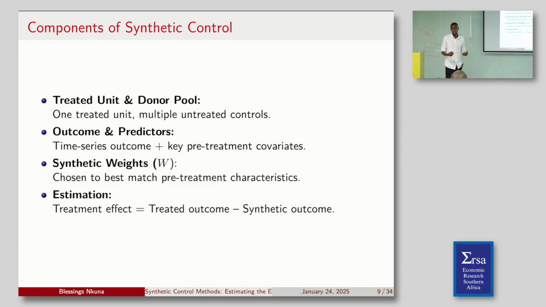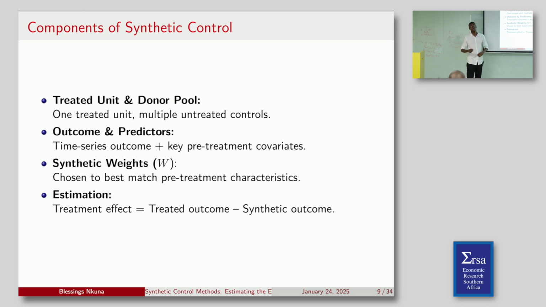So yeah, there's key things that matter for us that we need, almost like ingredients. We need to get this done. We need a treated unit, a country that got the policy itself that other countries didn't get, and then we need multiple untreated units.